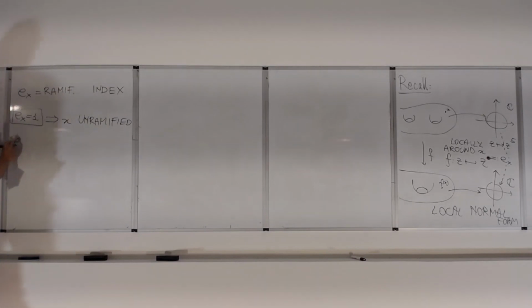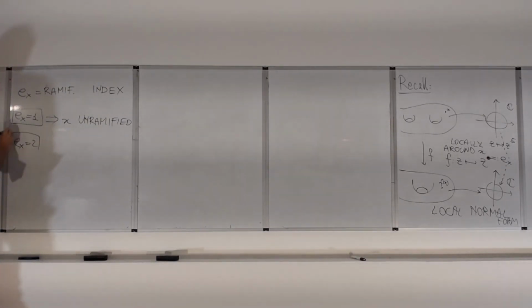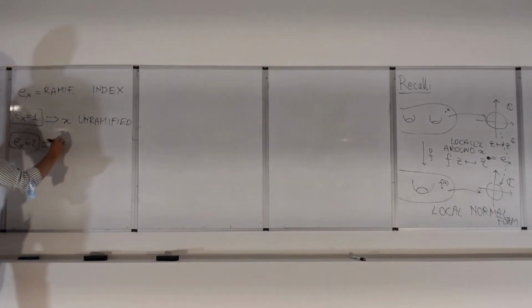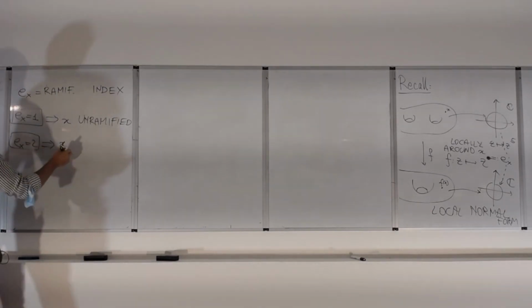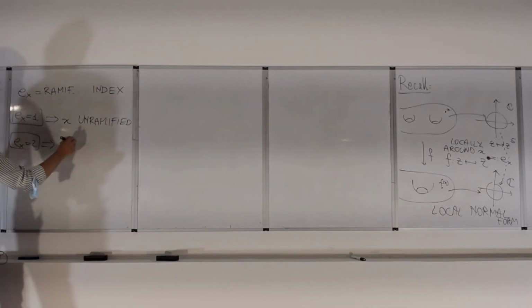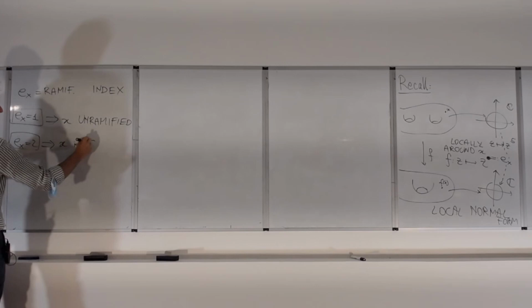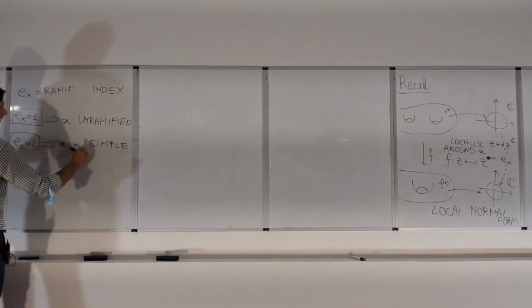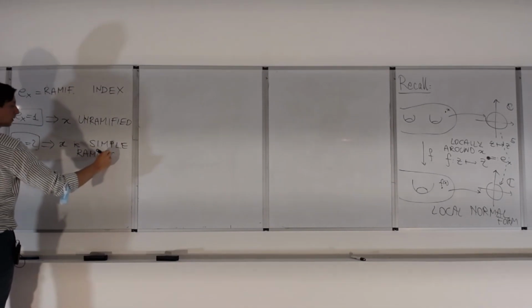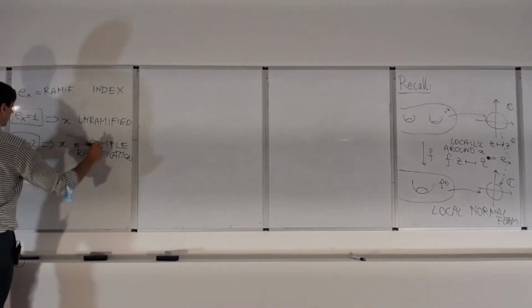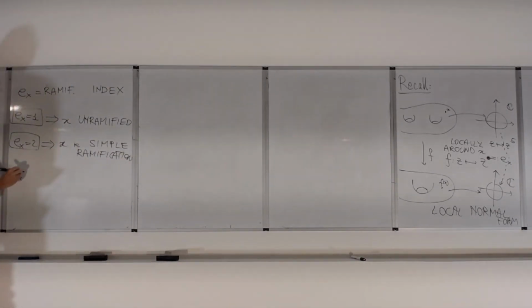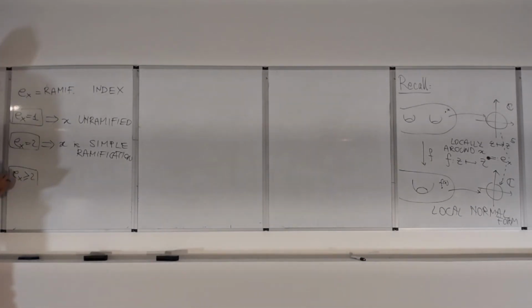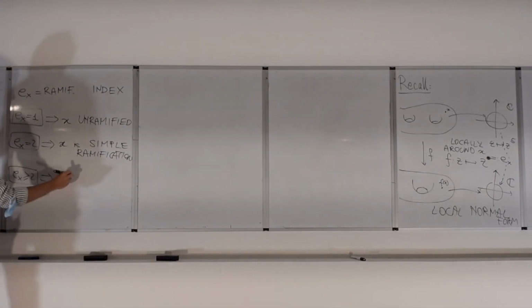If Ex is equal to 2, I want to say that X is simply ramified, so it's a simple ramification. And if Ex is 2 or more, then I want to say that X is a ramification point.